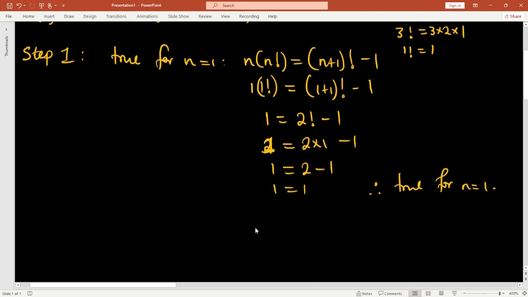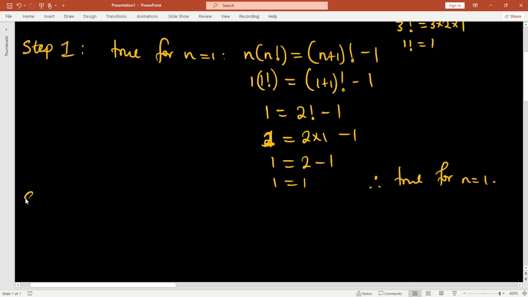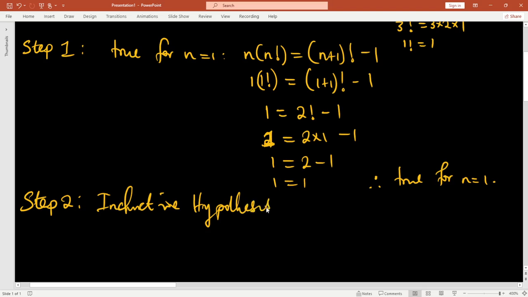Okay. So now we go to the second step here, which is the inductive hypothesis. Step number 2 is the inductive hypothesis here. Under the inductive hypothesis, we make an assumption that the statement that we have is true for n equals to k. So where there's n, we just substitute the k.